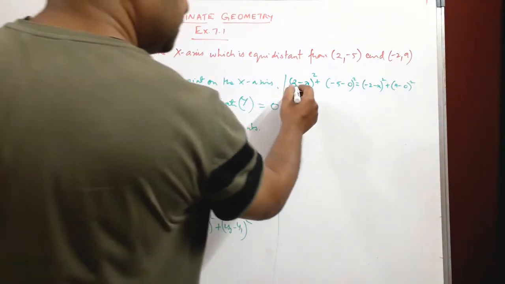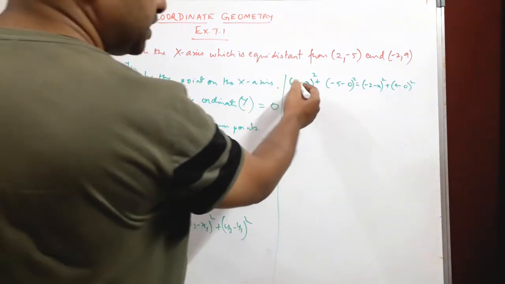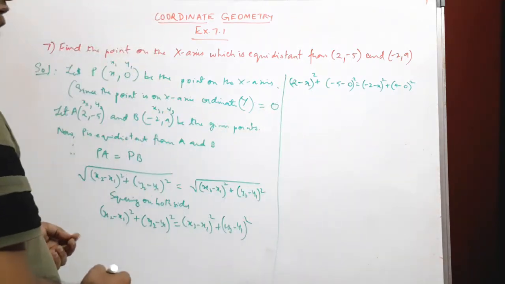Next, we look to open these brackets and we'll apply the a minus b whole square formula for this.